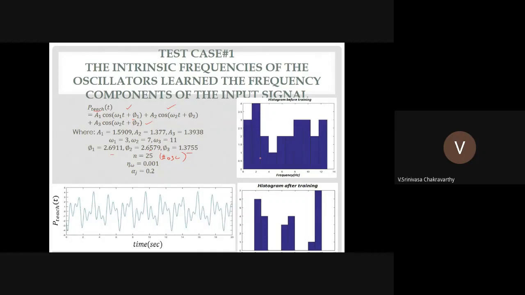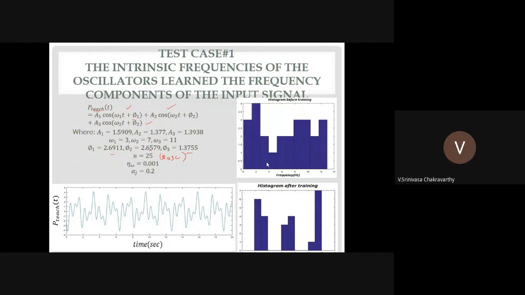This is a histogram of the frequencies of the oscillators in the initial state. This is how they are initialized. But then you start training omegas. At the end of training, you see that the frequencies have come to three peaks.